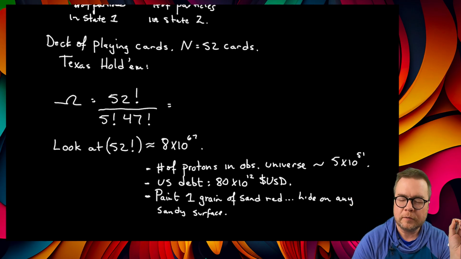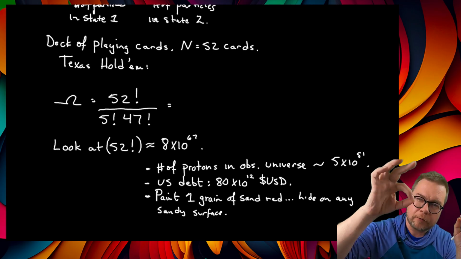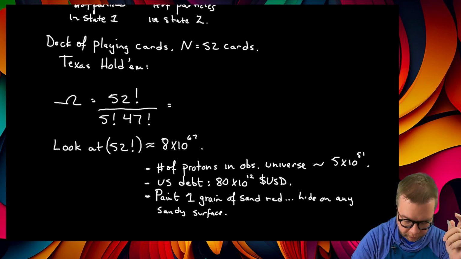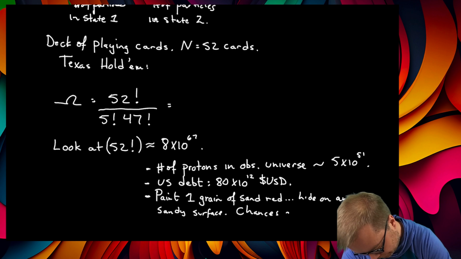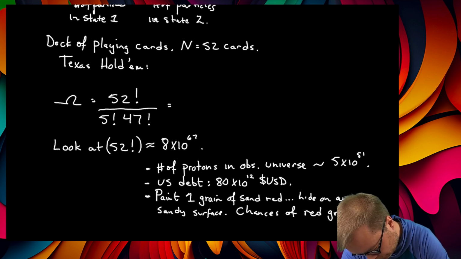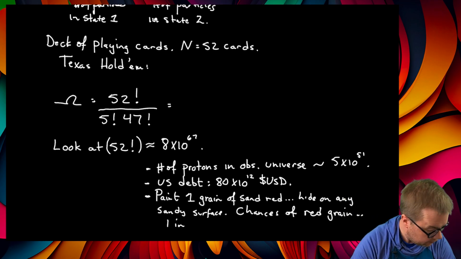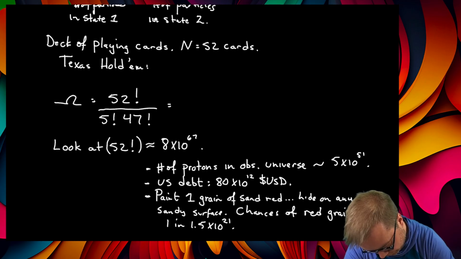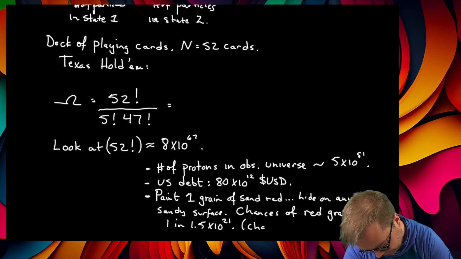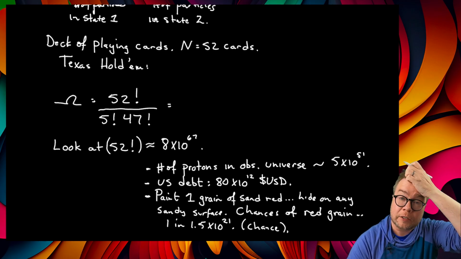If I was to magically transport anywhere in the world and pick out 1 grain of sand, the chances of picking the red grain are something like 1 in 1.5 times 10 to the 21. That's the chance that I do that. Really small. And 52 factorial is just huge.